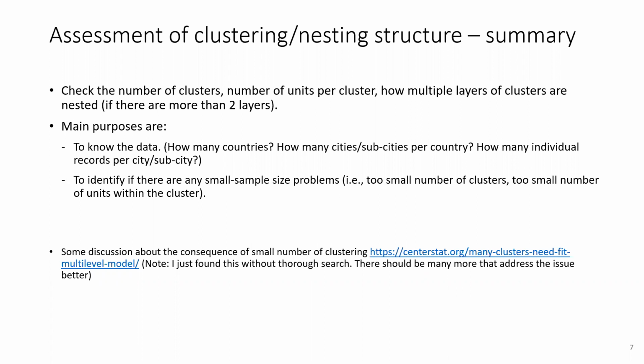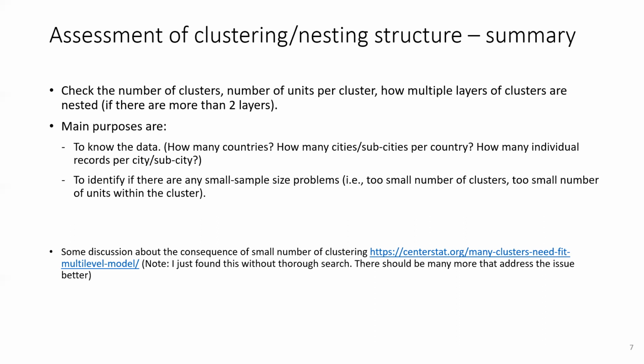In this case, we have multiple layers, and we want to look at the nesting structure between layers. And why do we do that? First of all, we want to know the data better. We want to know how many countries I have, how many cities or sub-cities per country, and how many individual records we have per city or per sub-city.